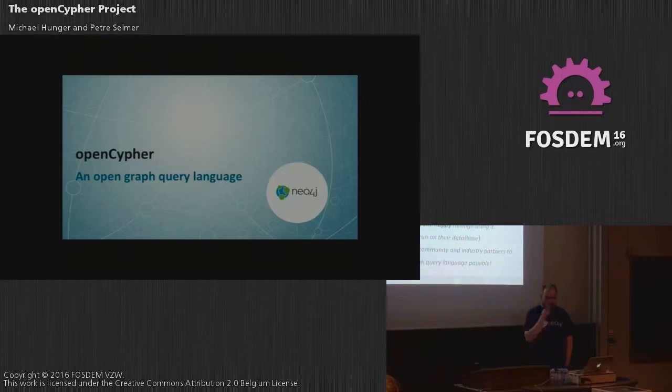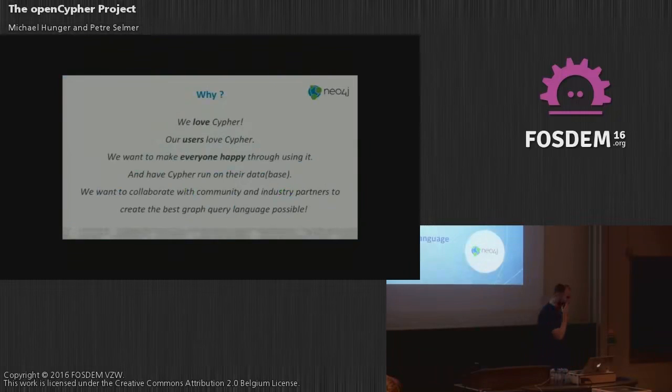And we started in October to launch this openCypher project, the goal of which is to turn Cypher into an open graph query language. Meaning, right now Cypher has been developed and implemented only by Neo. With openCypher we want to make it open and hand it over to everyone to use, to implement, to do whatever.